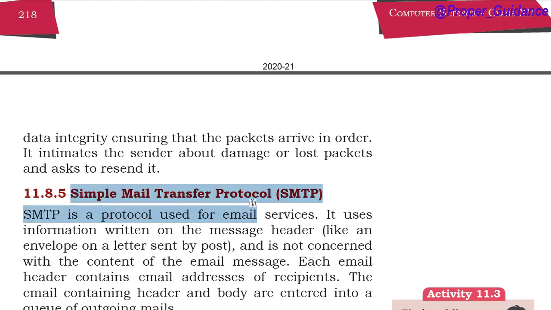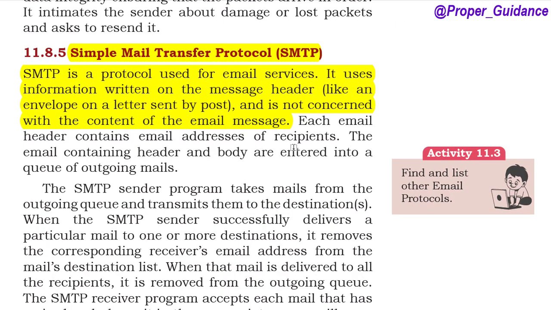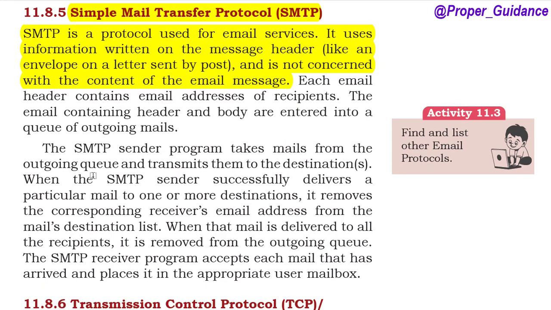Next, simple mail transfer protocol is here. This is used for writing the message header like an envelope on a letter, and it's not concerned with the content of the email message. Each email header contains email addresses of recipients. You all know this. The email containing header and body is entered into a queue of outgoing mails. Then the SMTP sender program takes mails from the outgoing queue and transmits them to the destinations.